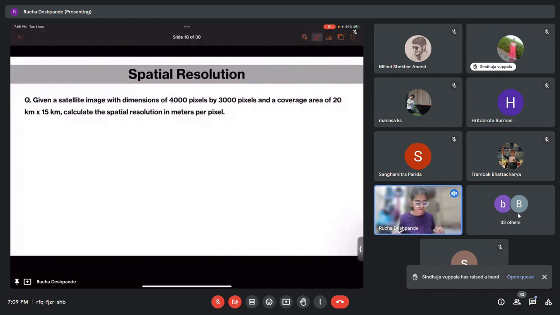All right, so we'll solve a numerical on spatial resolution. I'll give you some time so you can solve it and let me know your answer or type it in the chat box.